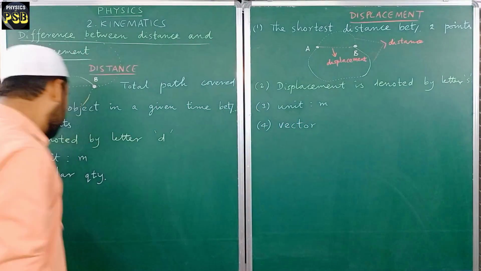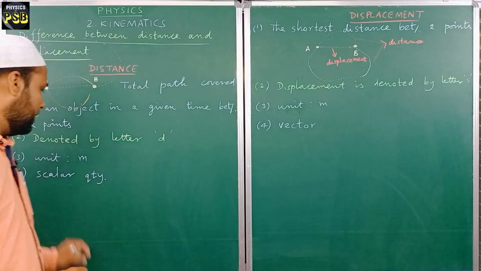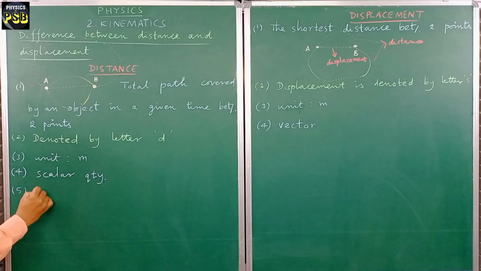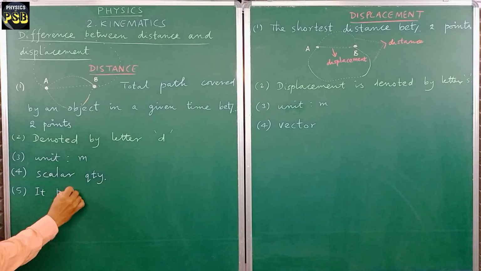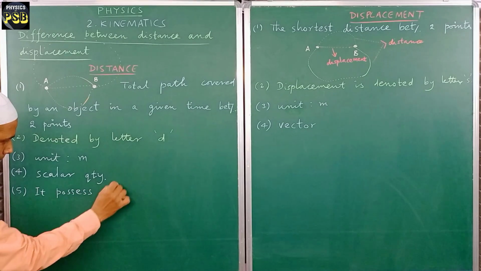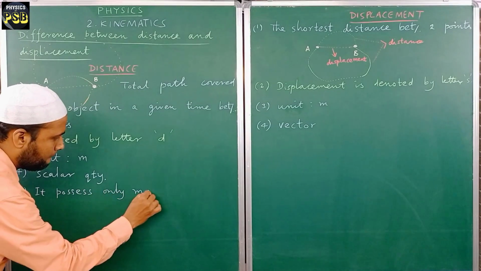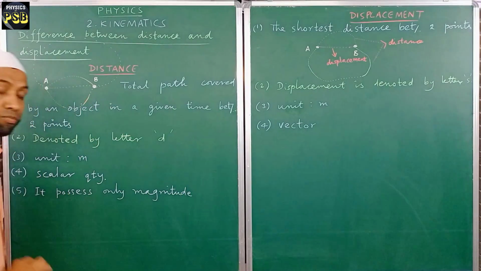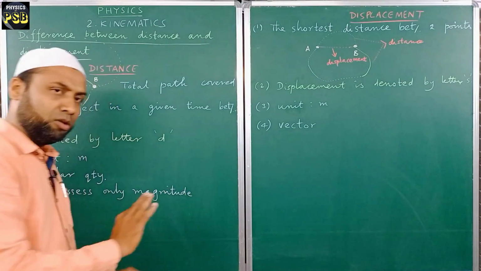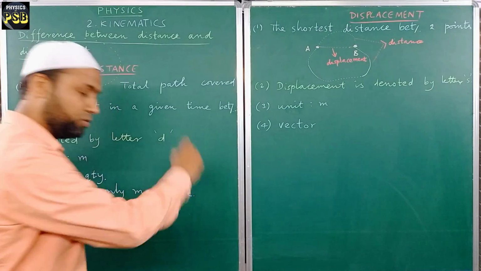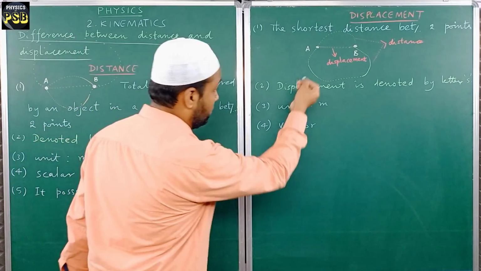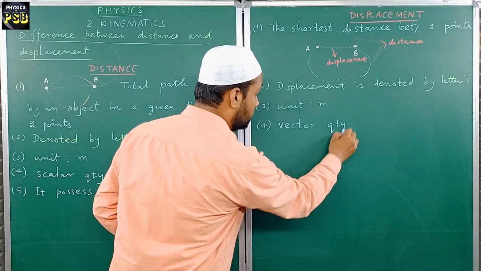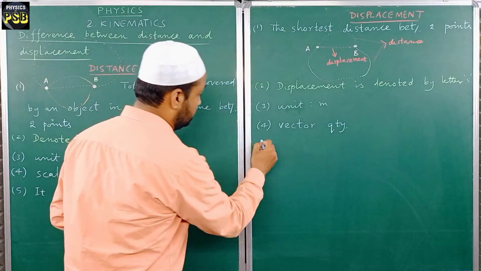When I say distance is a scalar quantity, it means it possesses only magnitude and no direction. It doesn't possess any direction, only magnitude. Whereas displacement is a vector quantity, so it possesses both the magnitude and direction.